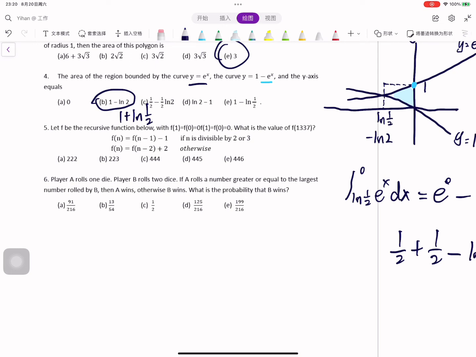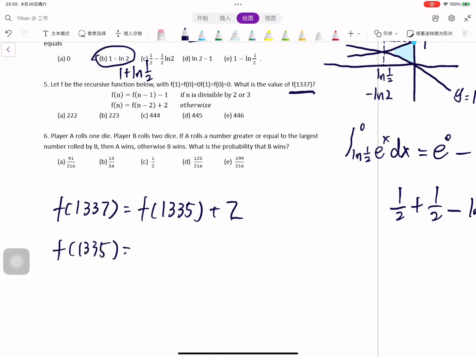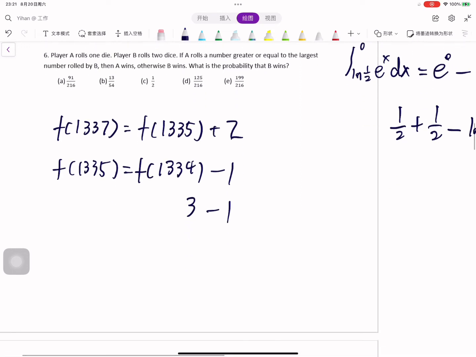And for the fifth question, we just substitute 1337 in the function, like f(1337) equals f(1335) plus 2, and f(1335) equals f(1334) minus 1, 3 minus 1, and here is 1 plus 2.